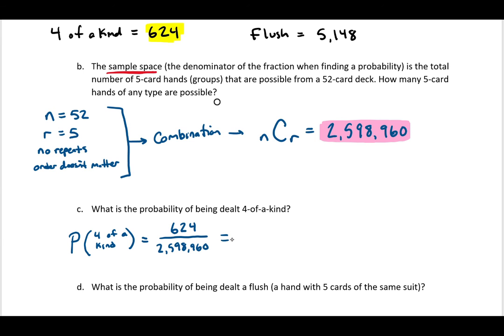And if we pop that into a calculator, and again, you could pause and double check my calculations, I get 0.000, and I'll go to 3 significant digits, so 0.00240.